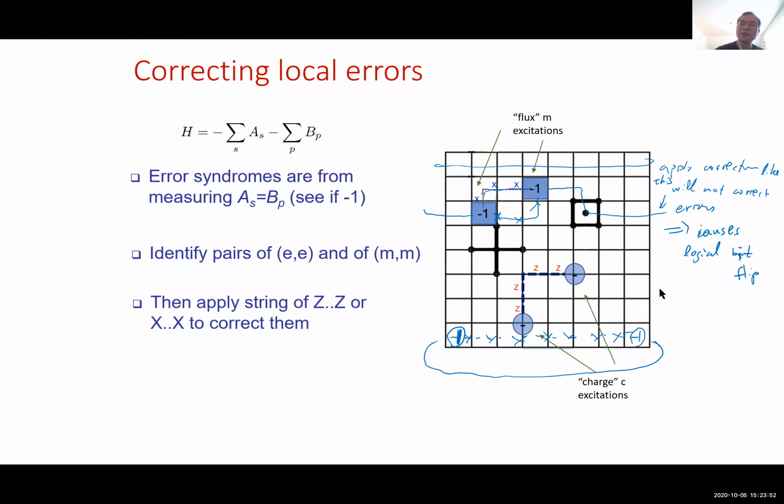Okay, but these long distance error strings are unlikely, because assuming error rate is small enough.